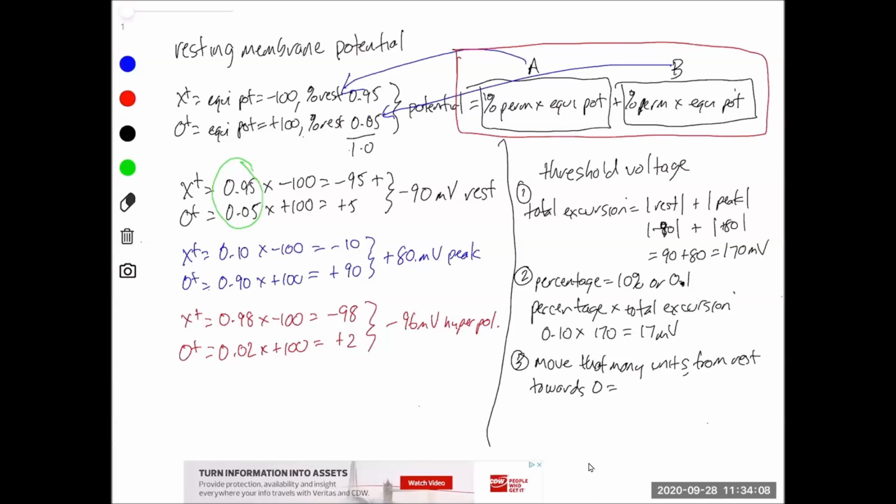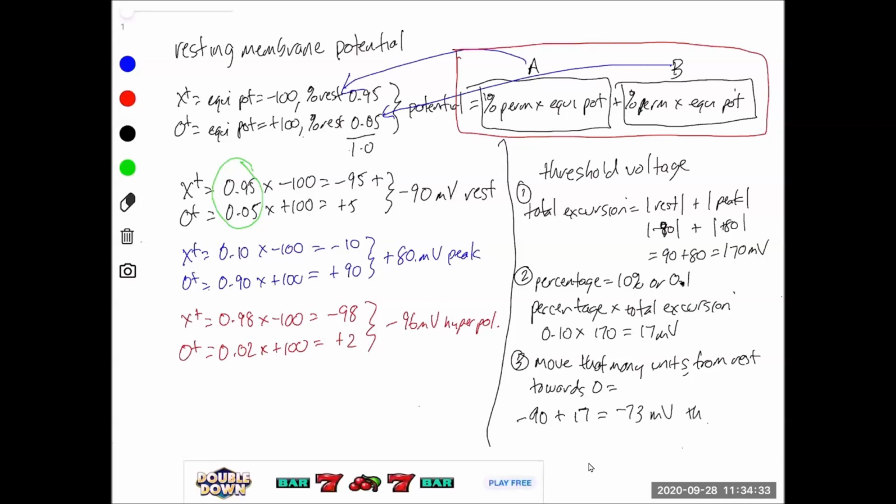But if you had a positive voltage, you'd go in the negative direction. So you'd subtract it. But in this case, since we're already negative, we're going to add. So we get minus 90, because we're negative, right? Plus 17 is going to give me minus 73 millivolts, and that's going to be the threshold.